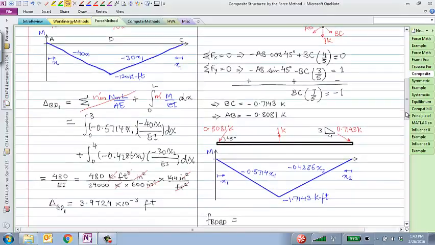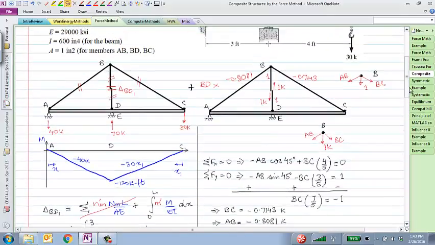And the unit load applied there, if delta BD is positive, does that mean overlap or separate? Actually, overlap, right? If I pull, the member on top is being pulled down, the member on the bottom is being pulled up. So if delta BD comes out positive, that means overlap, right?